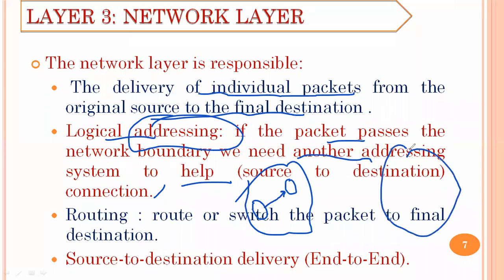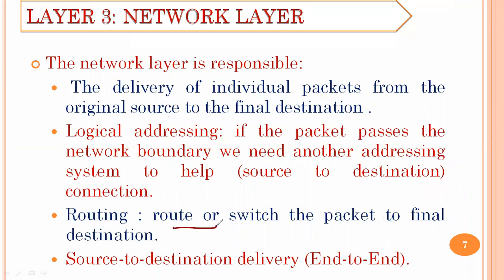But suppose this is another network, and this system wants to communicate with that system, so we need logical addressing because here the network is changing. Then routing is there, to route or switch the packets to the final destination, to send the packet to the actual destination.